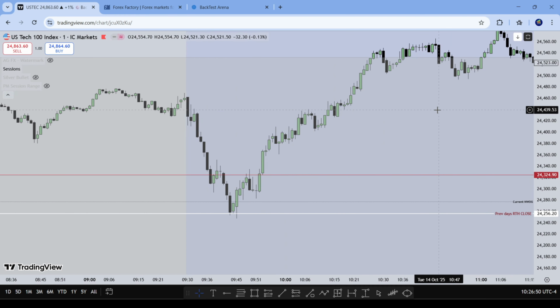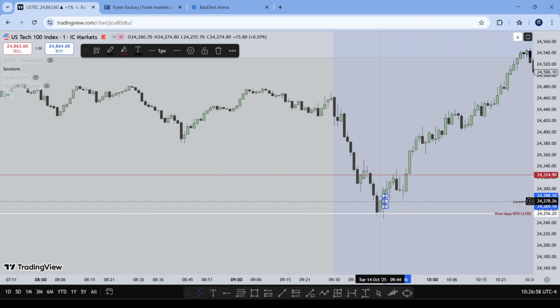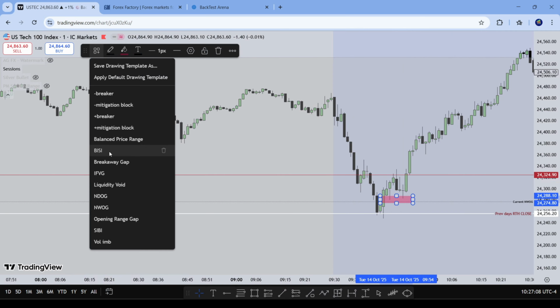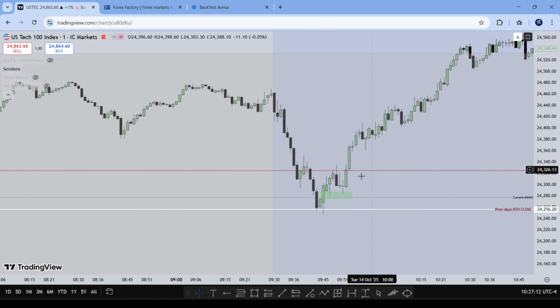So as little as this fair value gap here may seem, it was respected. So you see the CB, you're going to draw this BC out. You see that the BC was respected. Then we're going to look at this IFVG.